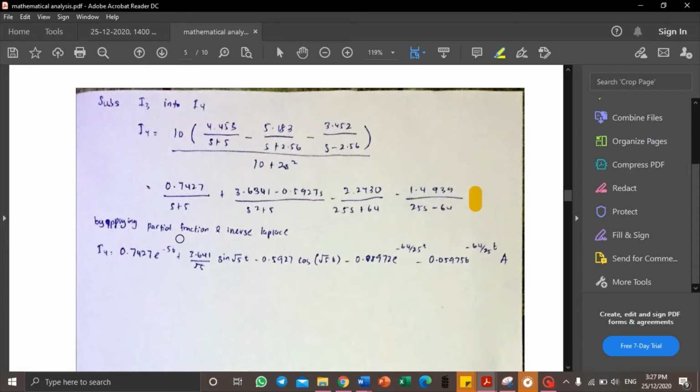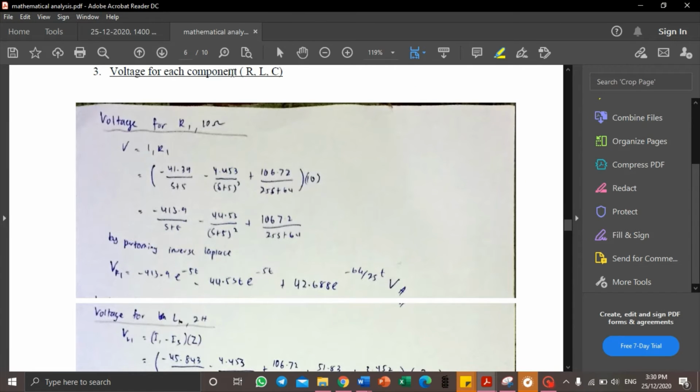So after we apply partial fraction and inverse Laplace, we get I4 is 0.7427 exponential negative 5t plus 3.641 over square root of 5 sine square root of 5t minus 0.5927 cos square root of 5t minus 0.08972 exponential negative 64 over 25t minus 0.05976 exponential negative 64 over 25t ampere. That is the value of the current I4.